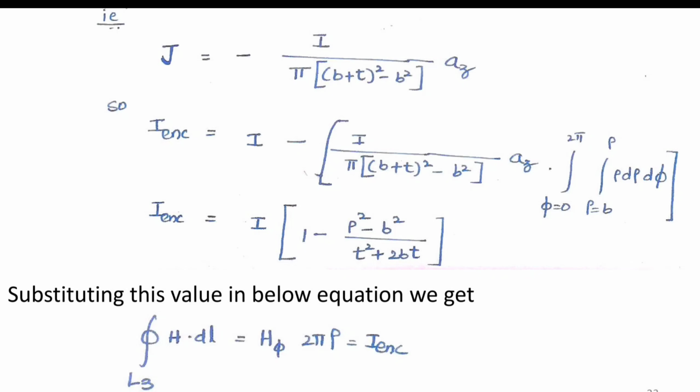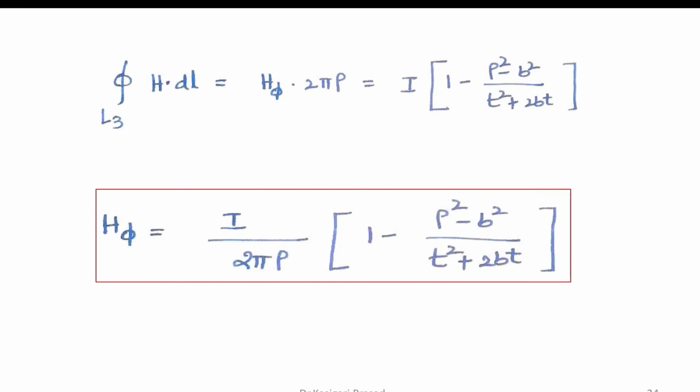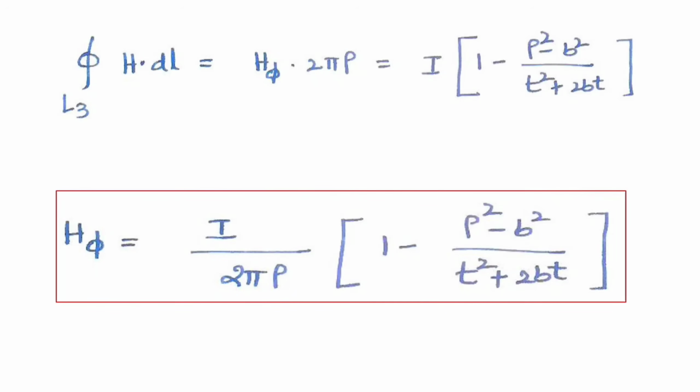That value gives I enclosed equal to I times (1 − (ρ² − B²)/(T² + 2BT)). Substituting this value in the above equation, the closed integral over L3 of H·dl is H_φ 2πρ, that is I enclosed. We get H_φ equal to I divided by 2πρ times (1 − (ρ² − B²)/(T² + 2BT)).